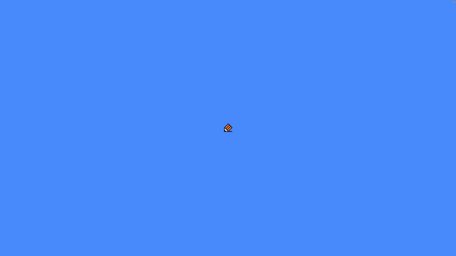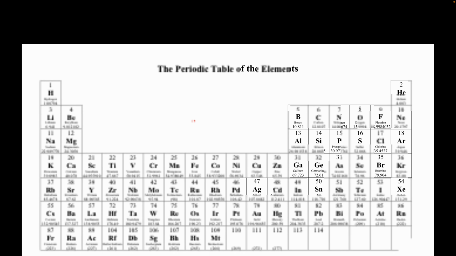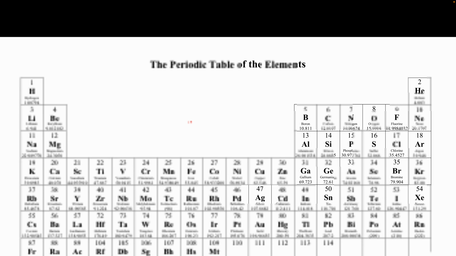So if we go to a periodic table here, we have hydrogen. Anyways, hydrogen's atomic number is 1, carbon 6, nitrogen 7, oxygen 8.